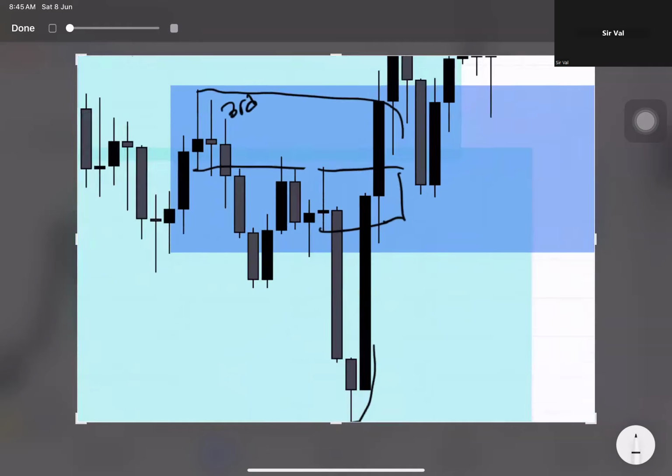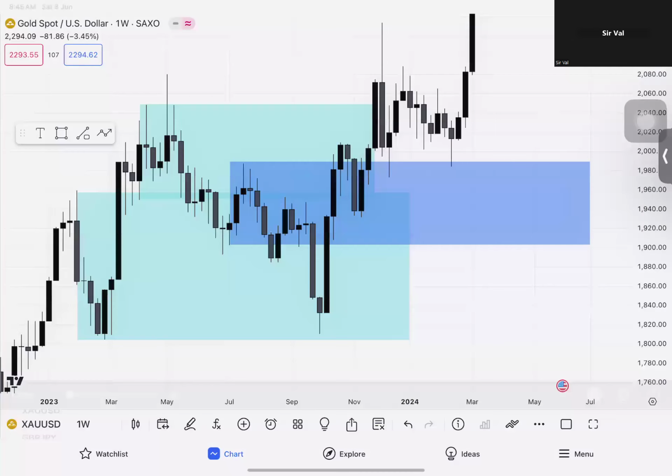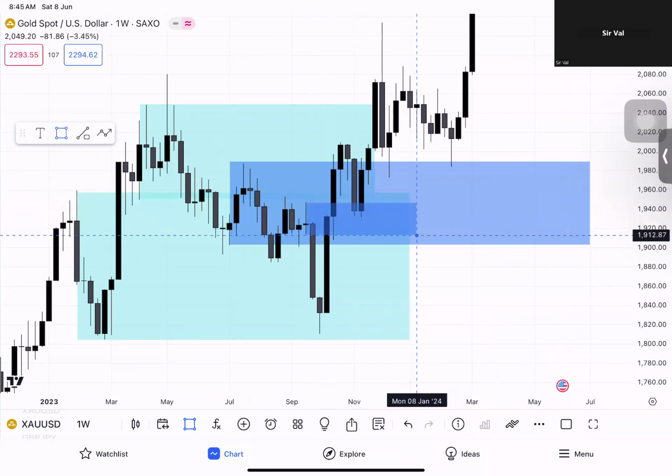So we move to the next zone here. But price has broken the zone. I will mark it for more proper.